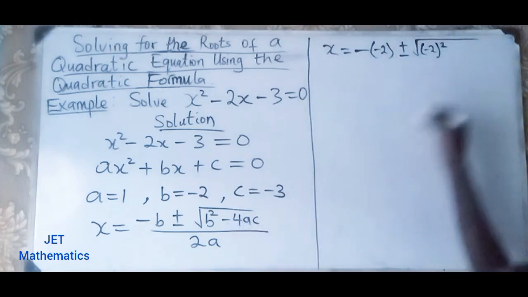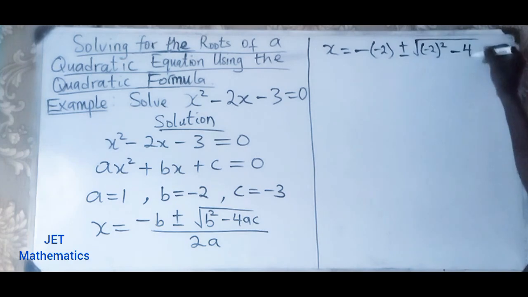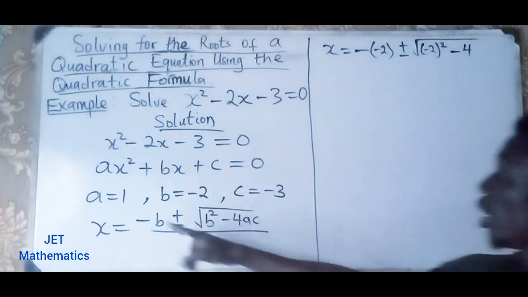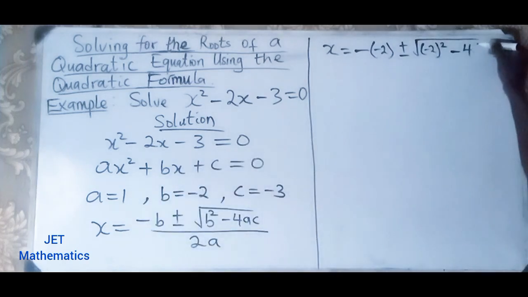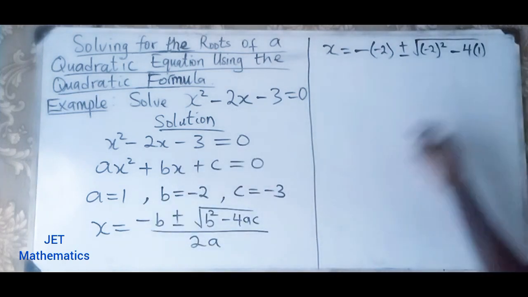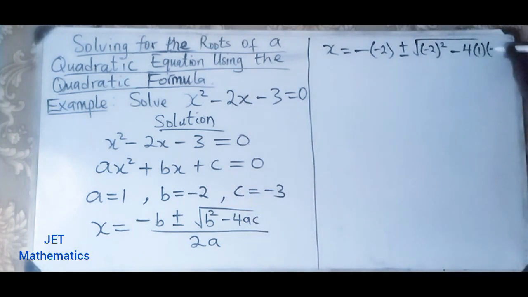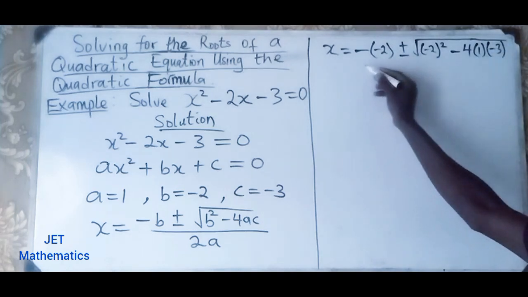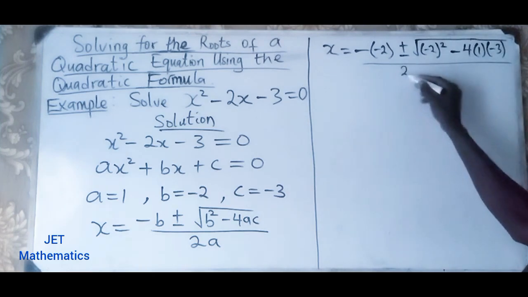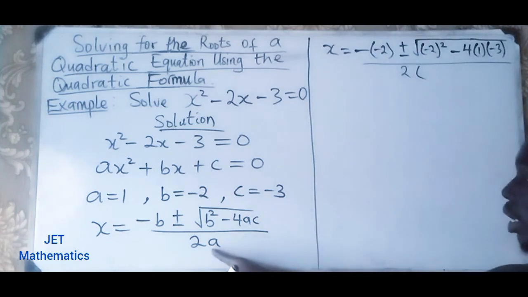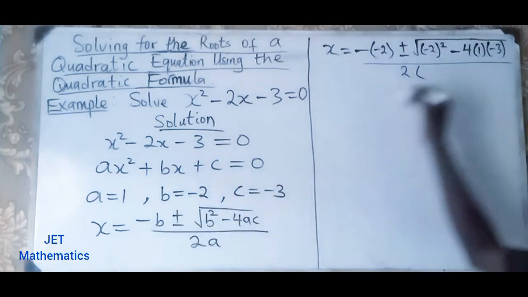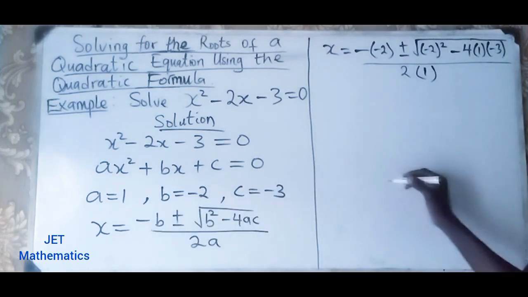And then minus 4 times a, our a is 1, times 1. And then our c is minus 3. Remember, the square root covers everything. All over 2a. Our a is 1, so we have 1 there.